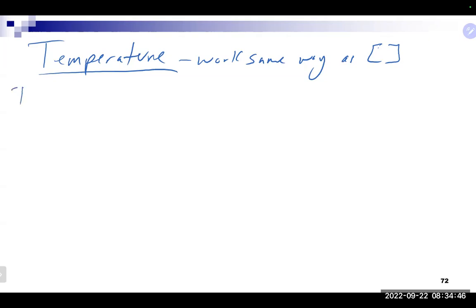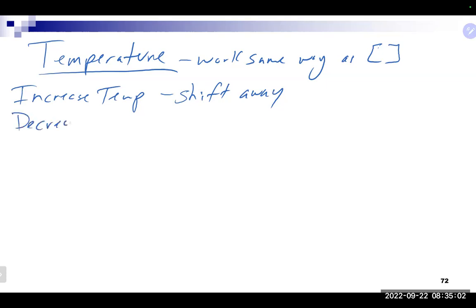You can increase the temperature, and increasing the temperature means that it will shift away, just like it does in concentration. And if you decrease the temperature, that's like removing, and it will shift towards. So temperature works the same way as concentration. Increase goes away, decrease goes towards it. But we need to understand which way that will cause the shift to occur.